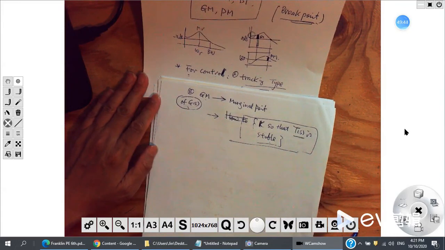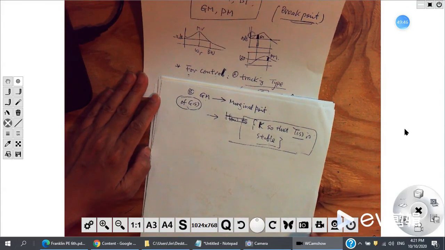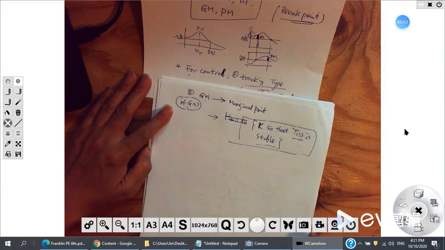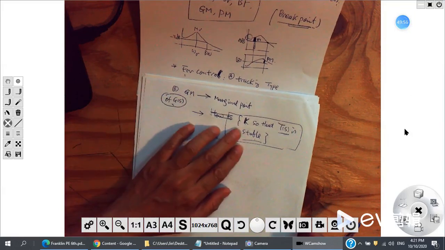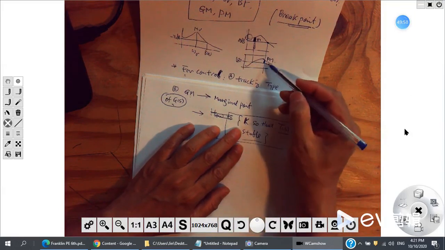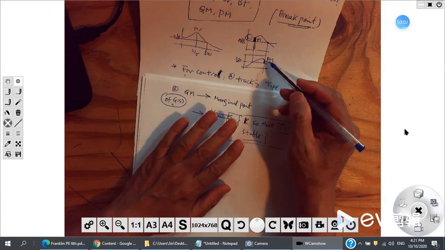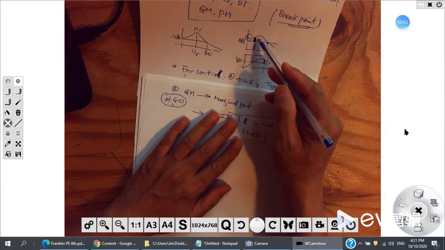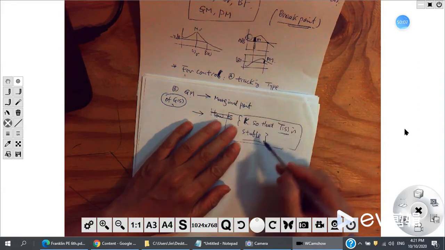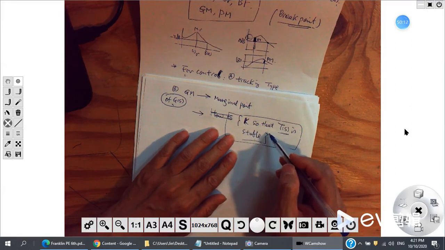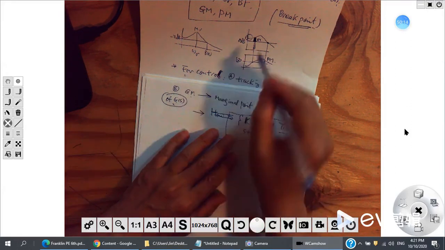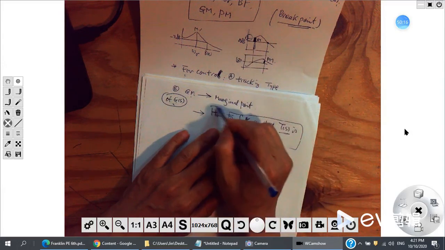Let me see, what else can we say? For the bode plot in control, yeah, just like that. Sometimes this is not so sure. Then you can also check the phase margin. Then that can help. But even when you have gain margin and phase margin, this one cannot always be determined. You can determine that it is a marginal point. This one you definitely can have.